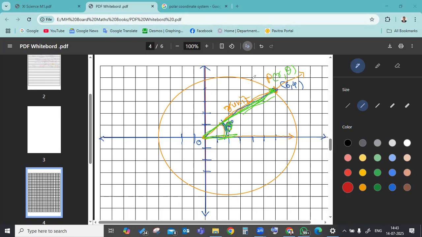So r, theta is the new location. It is the same address in different words.